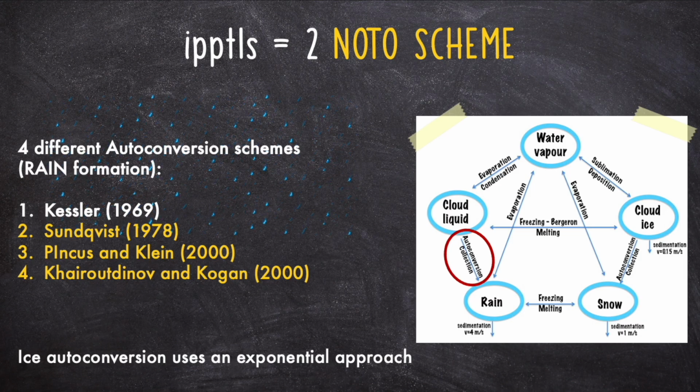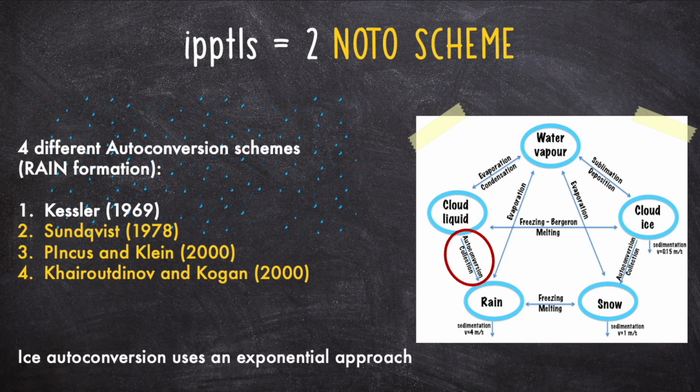In this scheme, parameters to play with are the autoconversion schemes, which are the parameterizations that produce the rain from the cloud liquid. The scheme has 4 different autoconversion schemes. The Kessler is the same used in SUBEX. It's a very simple parameterization that assumes a critical value for the liquid that represents a threshold for the occurrence of the autoconversion.